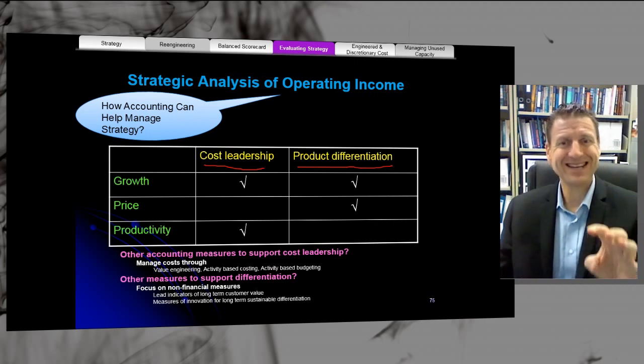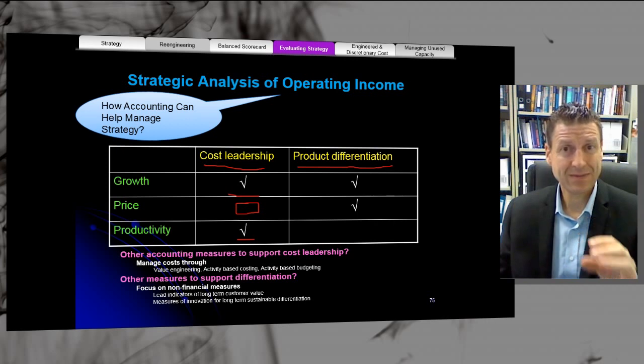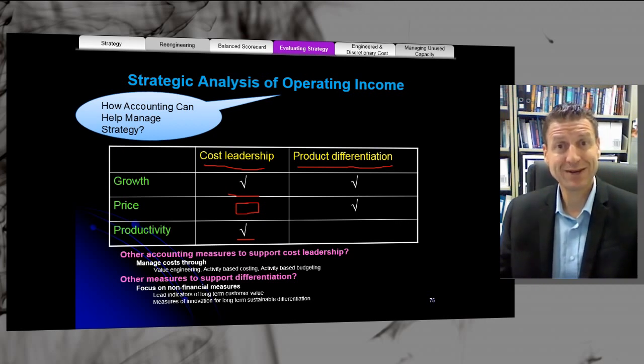Now, if your company is following a cost leadership strategy, we want to really focus on growth, and we want to focus on productivity. And we not necessarily want to focus on price. At the end of the day, we want to raise the price, but you can't do that, because customers are going to come along and say, well, the reason why I'm buying from you is because you have a lower price, you have a better value proposition, a low price and value for money proposition.